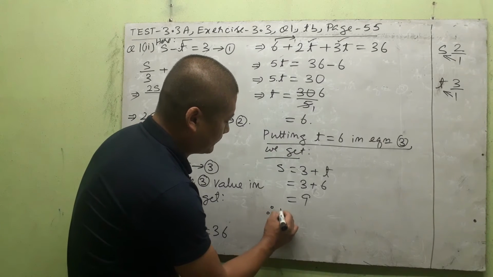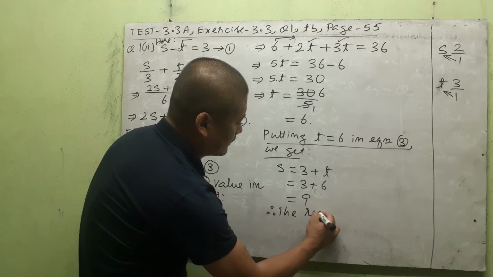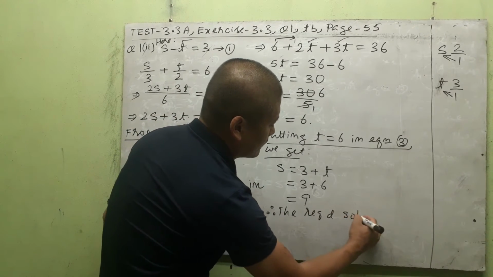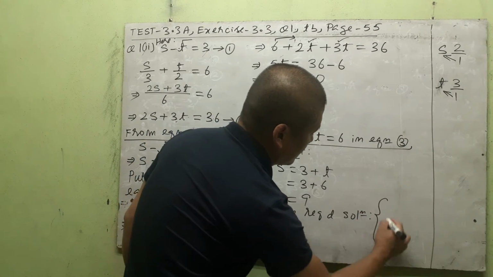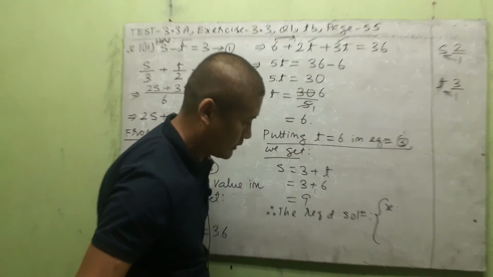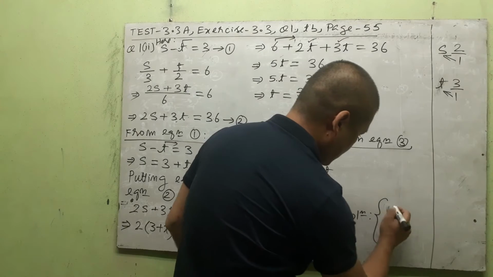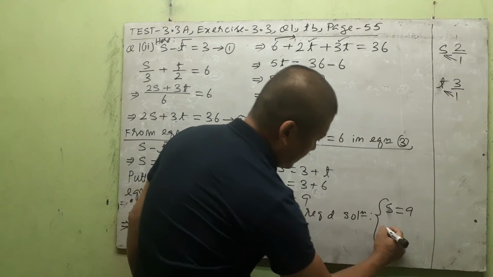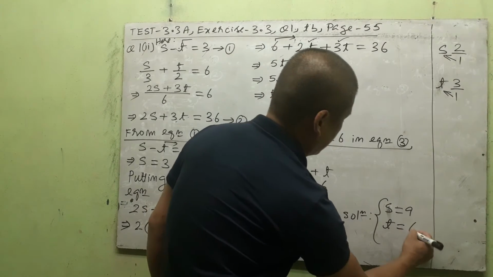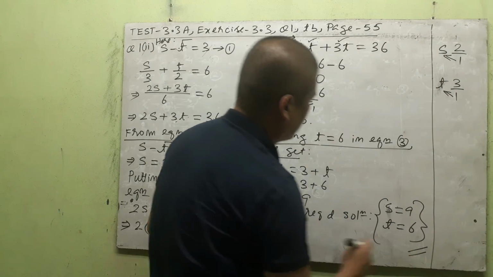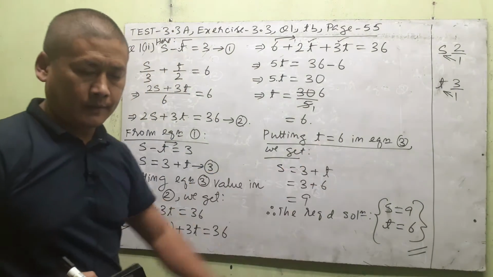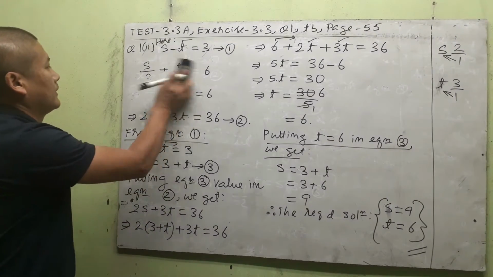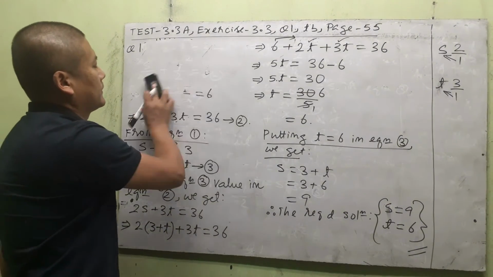Therefore, the required solution, not x this time, but s and t: the s value is equal to 9 as we got just now, and the t value is equal to 6 as we got here, as you can see. Okay, so now go to the third one.